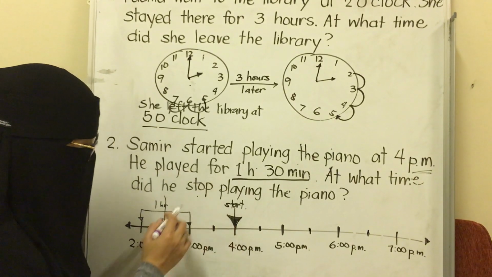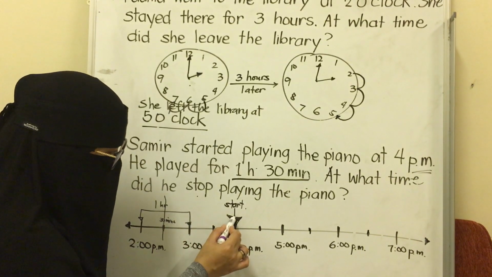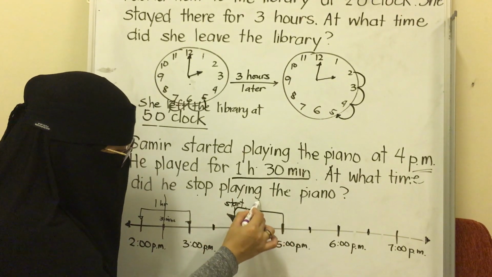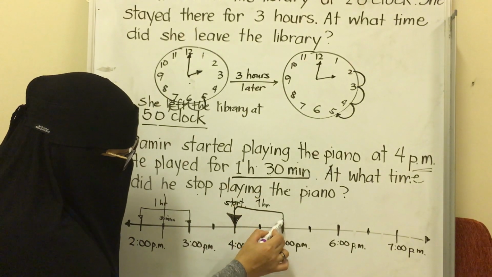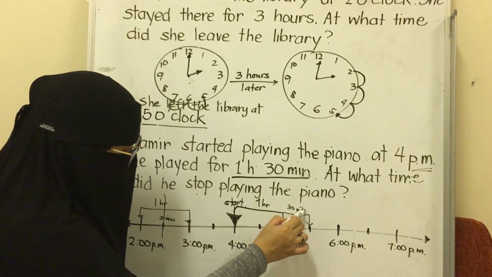So it means we are going to add 1 hour to 4 o'clock. So this is our 1 hour, and this is our 30 minutes.